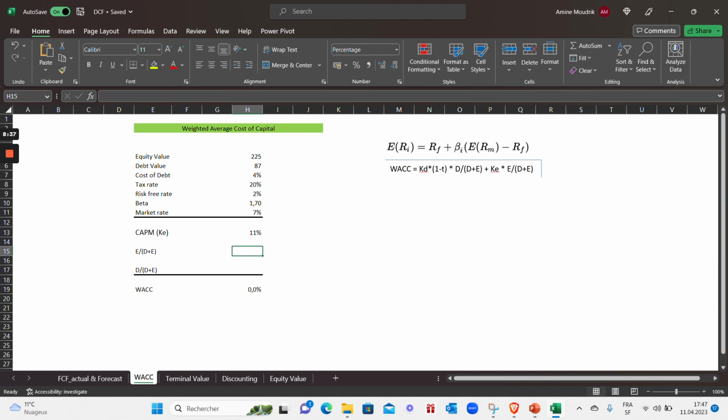Here we need to calculate our ratio of equity out of debt plus equity. So here we have the equity value plus our debt value, and here we have our debt value over equity value plus the debt value. This will give us a weighted average cost of capital of 8.5%.